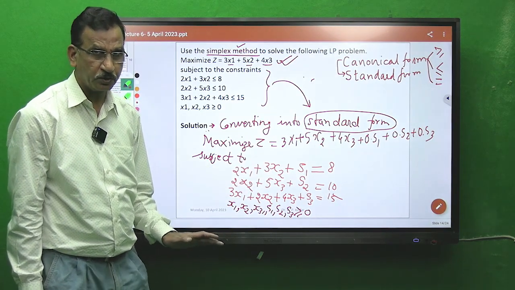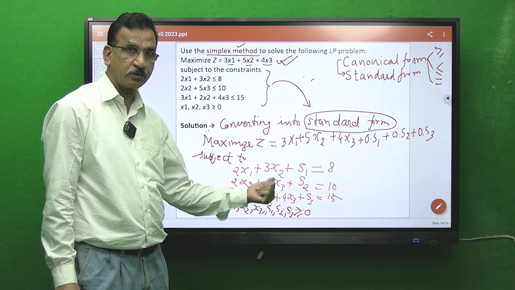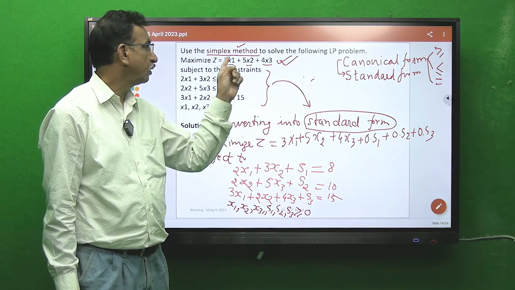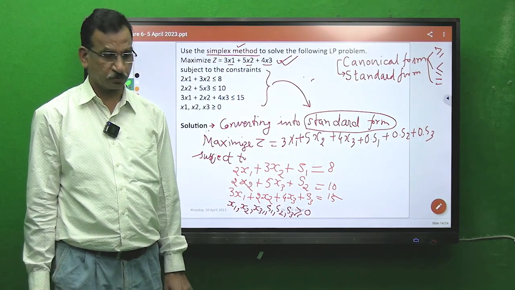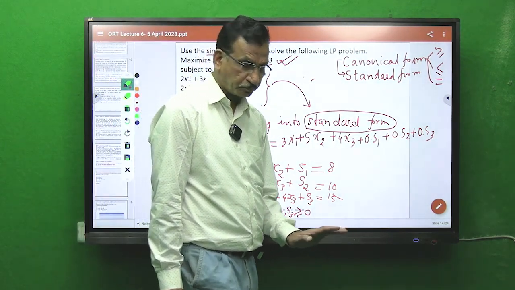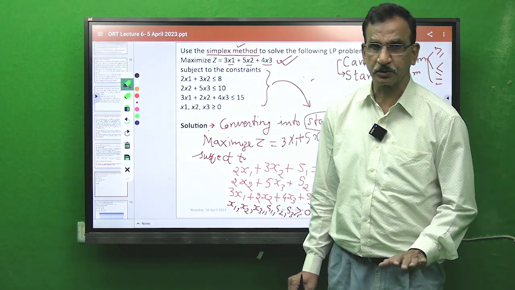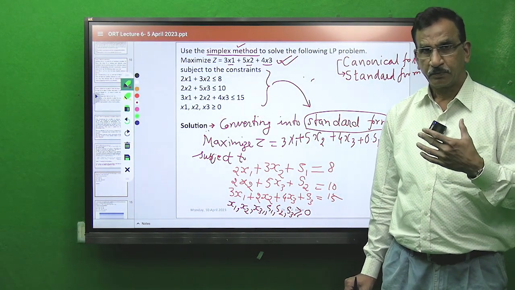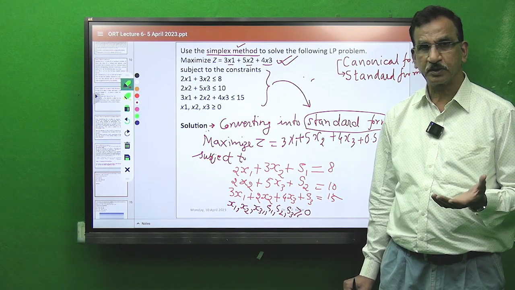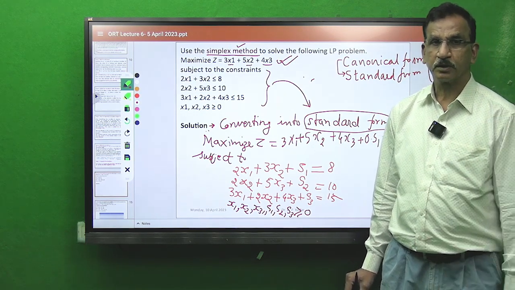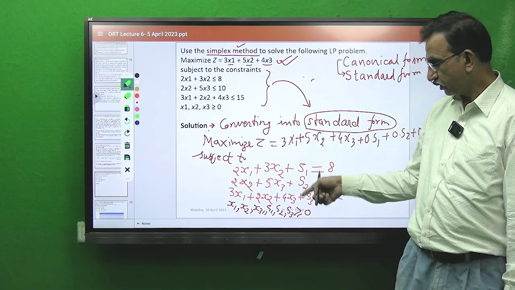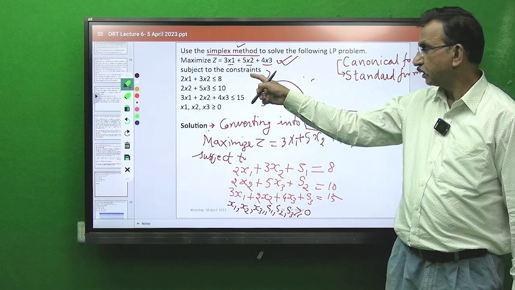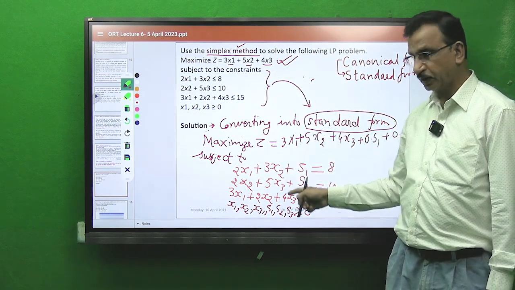Remember, students, you have to remember, this is the very first step if you are intending to solve problem by simplex method. So what is the step? You have to convert problem structure into standard form by various steps discussed in previous lecture, and tabular notations are given how to treat, and we have applied those logic to convert canonical form into standard form like this case.